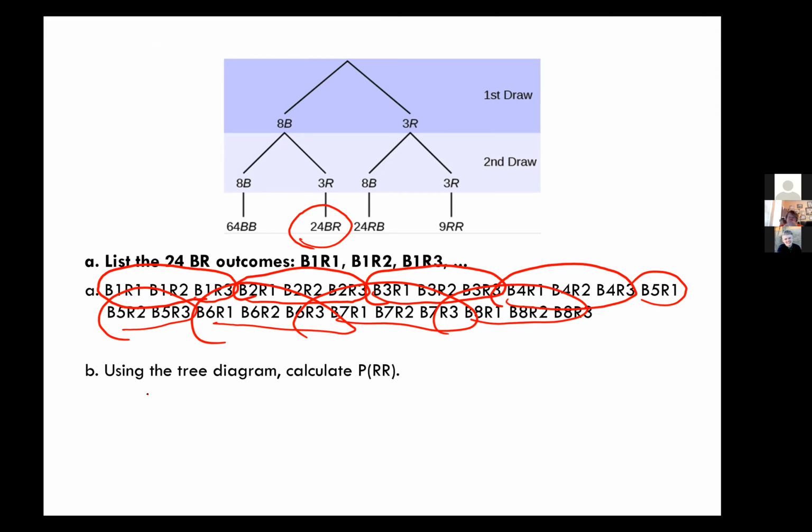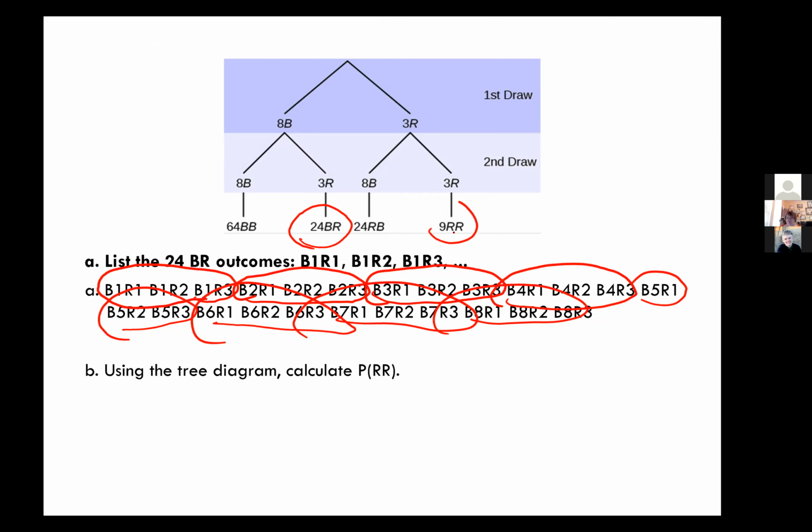Okay, what's the probability that both of your draws are red? So the probability that you draw a red one out, you put the ball back in there, you mix it up, and what's the probability the second one is red?